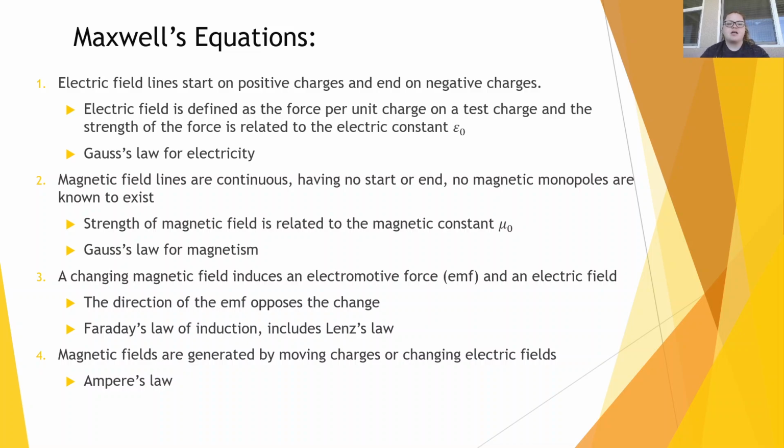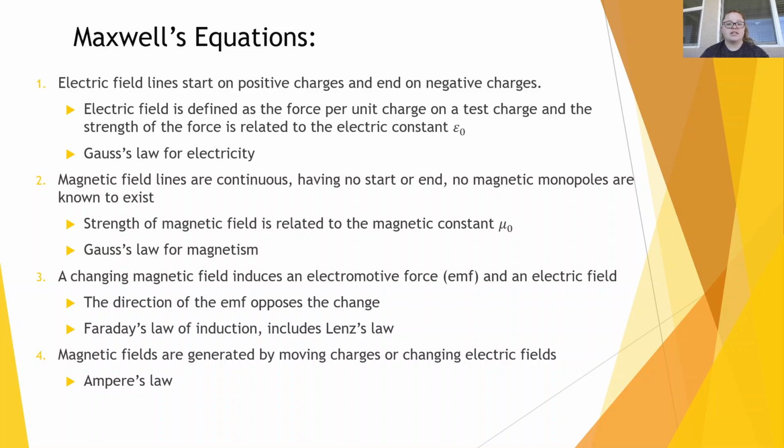And Maxwell rounded up all of these equations that other physicists had done, gathered them, and applied them to electromagnetic waves.